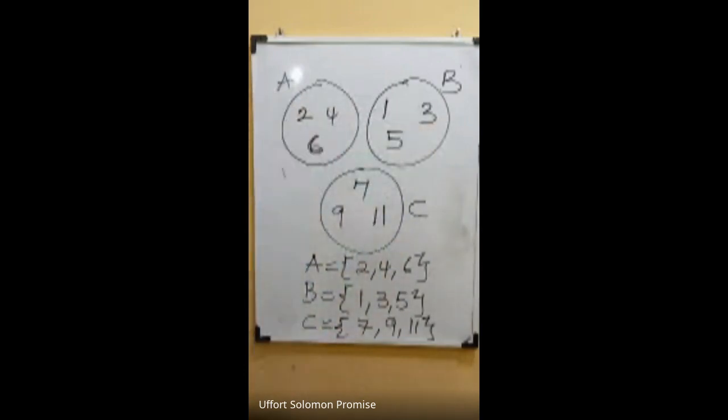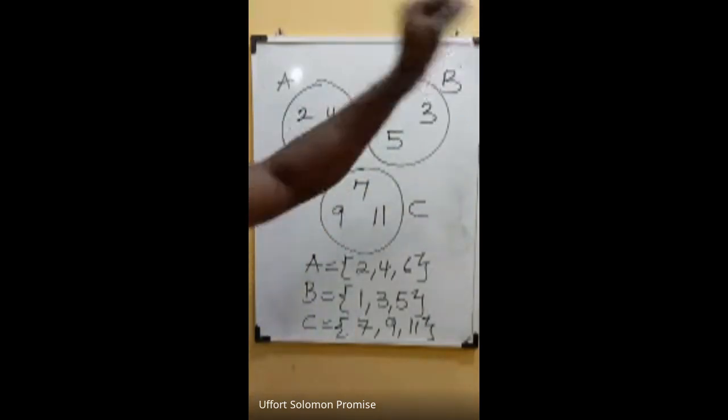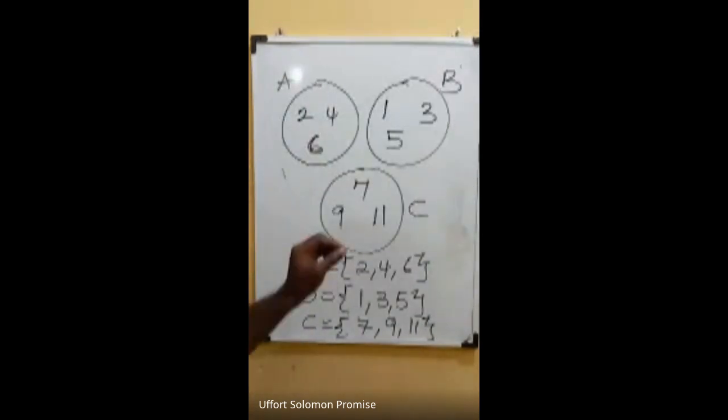Don't put them close. Let it be shown that they are actually individual elements or members of that set. Please take note of that so you don't make a mistake.